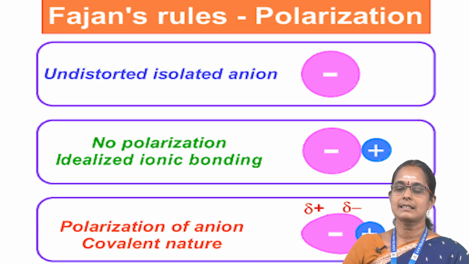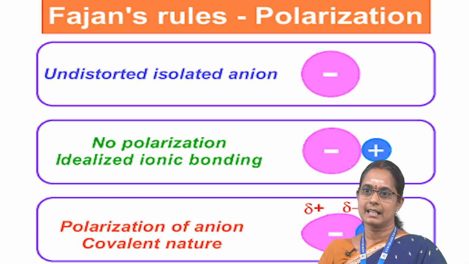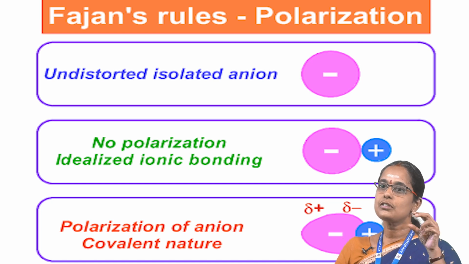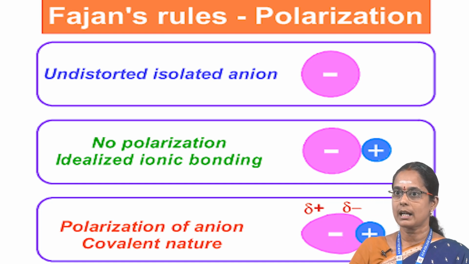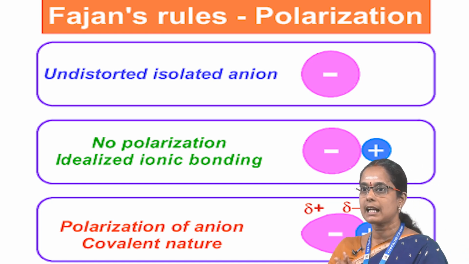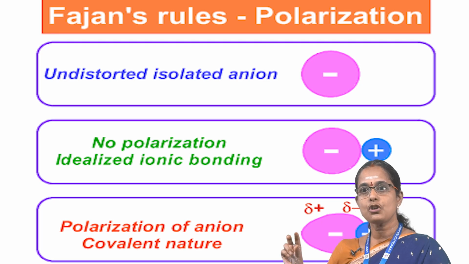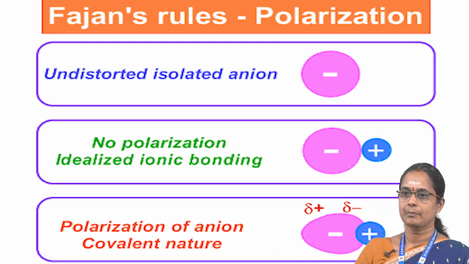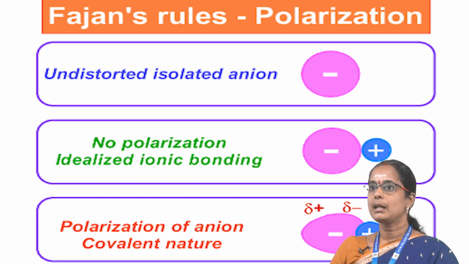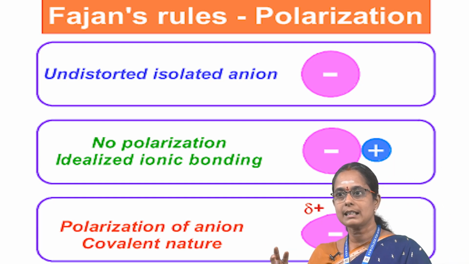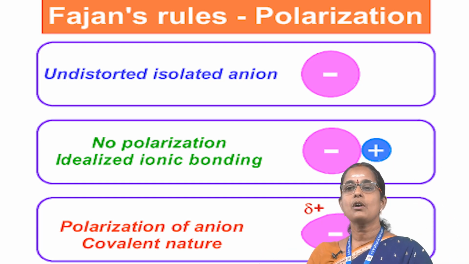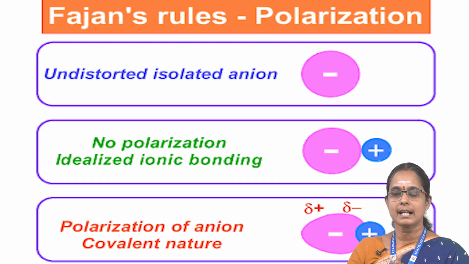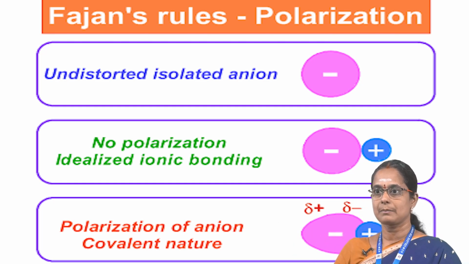Then the last one is the decrease in electrical conductivity. Fused beryllium chloride shows poor electrical conductivity, but fused magnesium chloride is a good electrical conductor. This is because Be2 plus is smaller than Mg2 plus. So it will have more polarizing power than Mg2 plus.